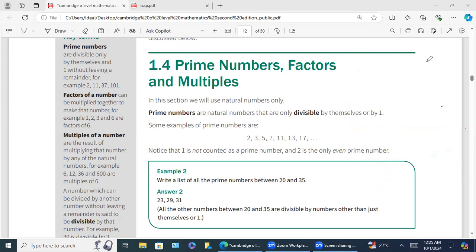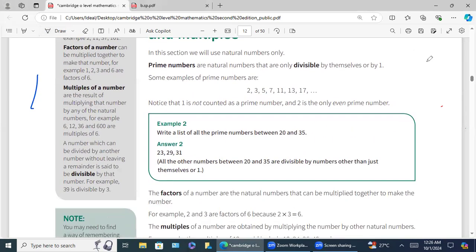Okay, dear student, another term: multiples of a number. What is meant by multiple? Multiples of a number are simply the result of multiplying that number by any other natural number.